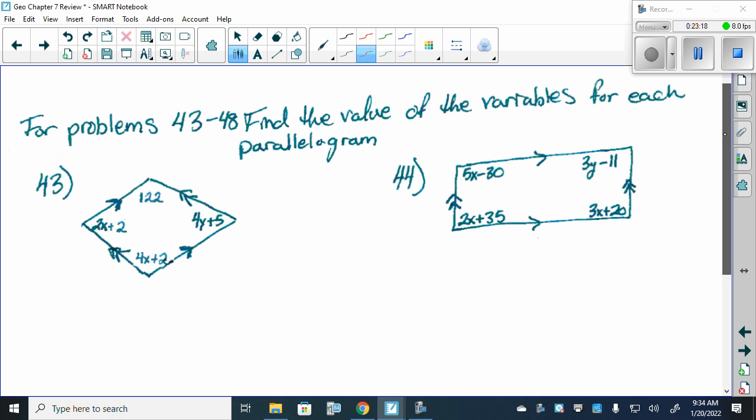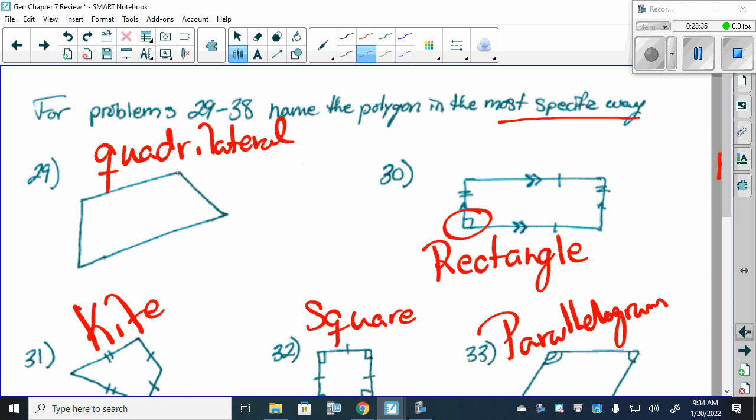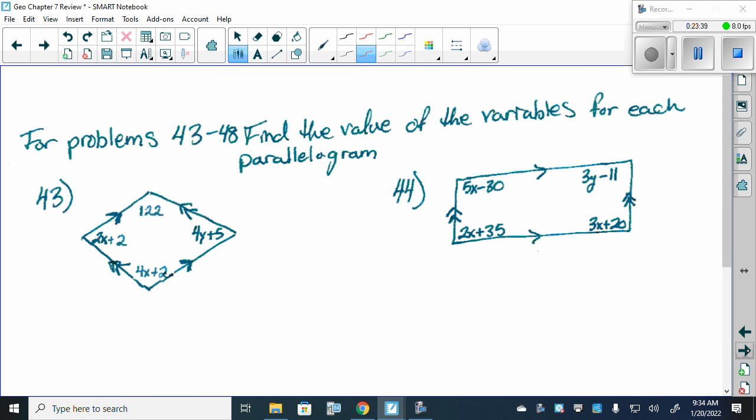Find the value of the variables for each parallelogram. Questions on 43 through 48 are ones that y'all want to look at in particular. Determine if the following quadrilaterals are parallelograms.